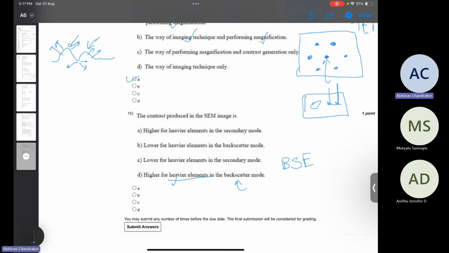Because it is an elastic interaction with the nuclei of the atom, the yield will depend heavily on the atomic number of the elements, so there will be more BSE generation for heavier elements. So in backscatter mode, for heavier elements, the contrast will be higher. You will get more signals for the heavier elements. So we can say that the answer will be D, higher contrast for the heavy elements in BSE mode.